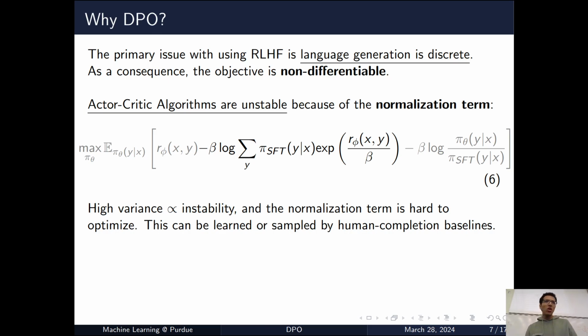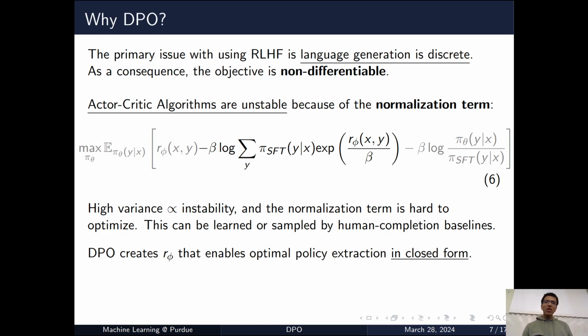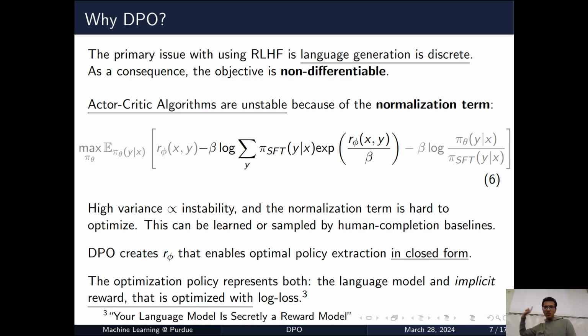Again, this is not ideal. DPO creates R sub phi that enables optimal policy extraction in closed form, which is awesome. The optimal policy that we get represents both the language model as well as the implicit reward, which is why we don't have the issue with divergence and mode collapse. And that is also why they say your language model is secretly a reward model.